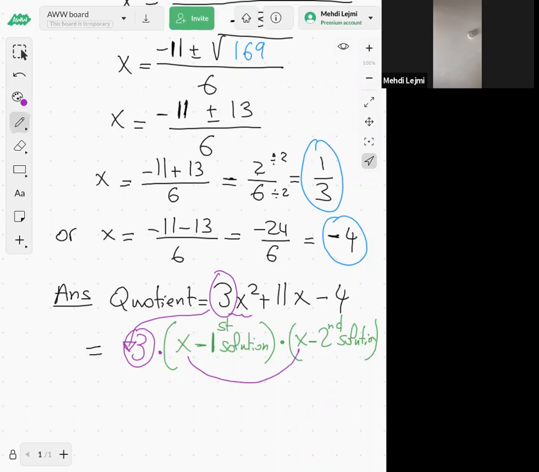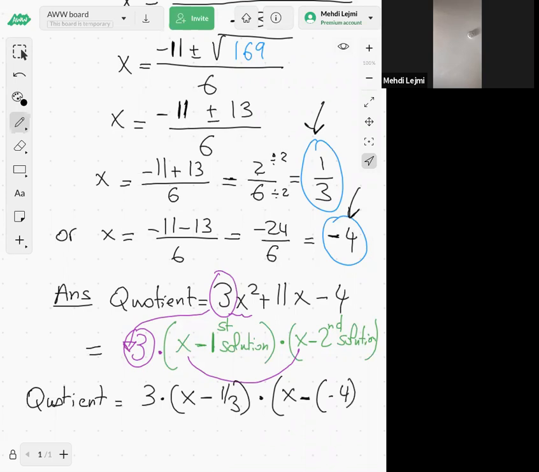So our quotient is going to be 3 times x minus 1/3 times x minus the second solution, which is negative 4, so x minus negative 4. Okay, so this is a complete factorization of your quotient.